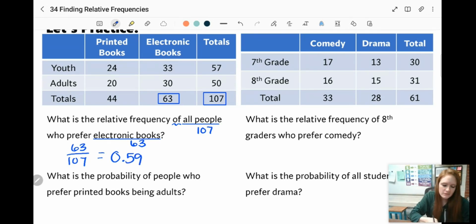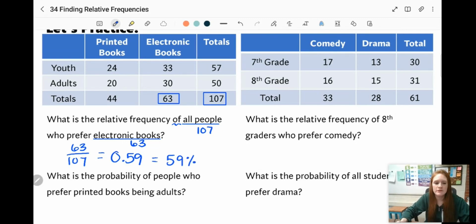0.59. If I then multiply that answer by 100, okay, so multiply by 100, I could also get that it is equal to the percent, which would be 59%.